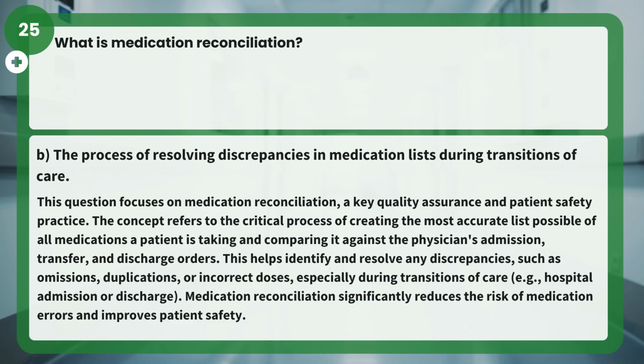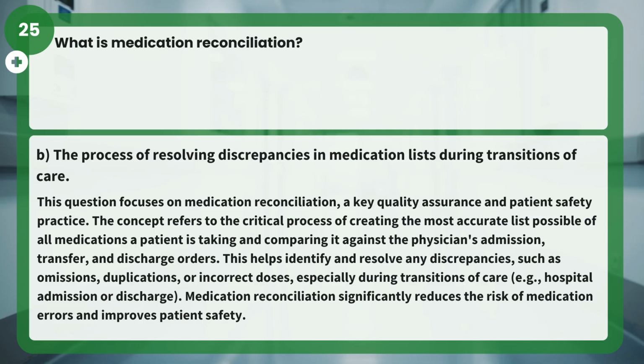Answer B. The process of resolving discrepancies in medication lists during transitions of care. This question focuses on medication reconciliation, a key quality assurance and patient safety practice. The concept refers to the critical process of creating the most accurate list possible of all medications a patient is taking and comparing it against the physician's admission, transfer, and discharge orders.